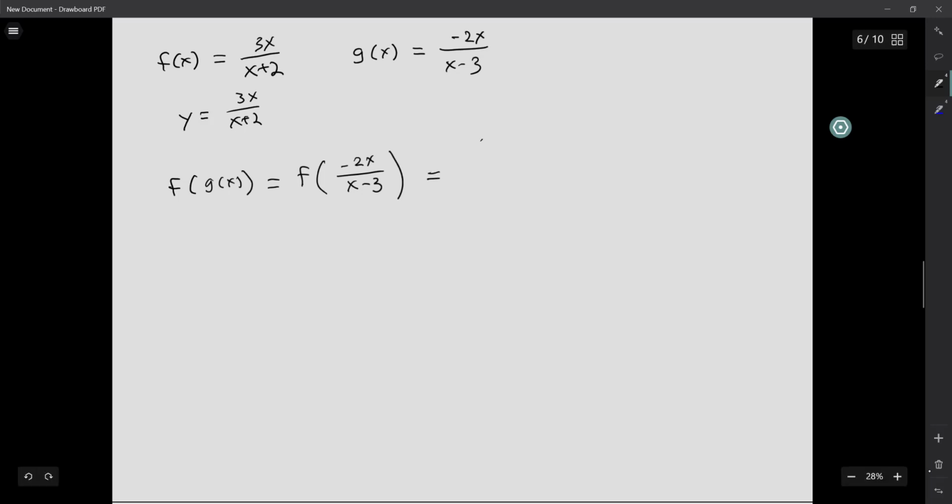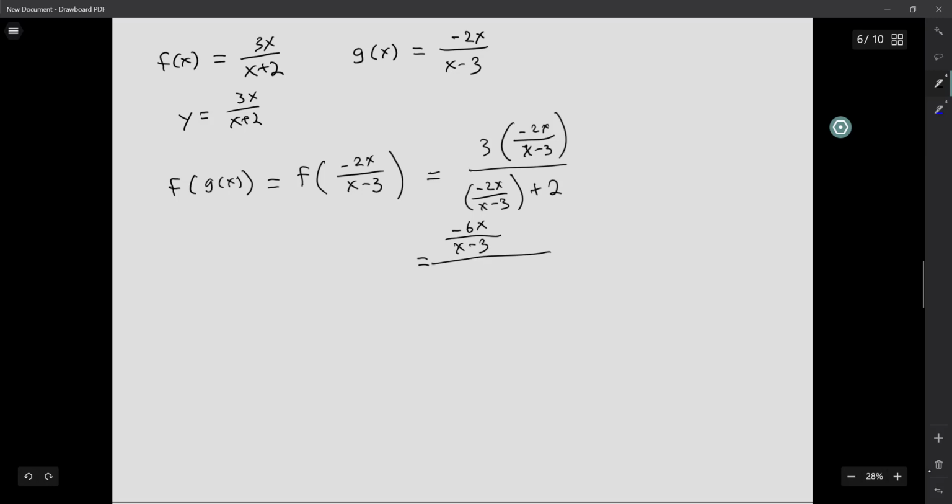So I'm going to end up with 3 times all of this divided by all of that plus 2. Now what should happen is when I simplify this, everything cancels. So let's see. I'm going to try to keep the fractions as long as possible. So the 3 multiplies up here, and I'll have negative 6x over x minus 3.